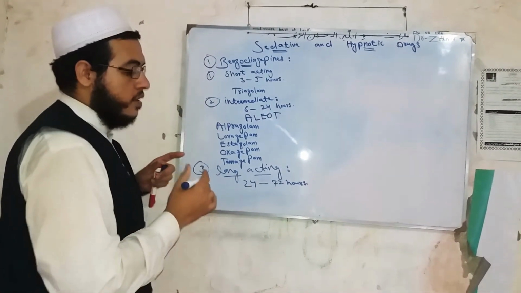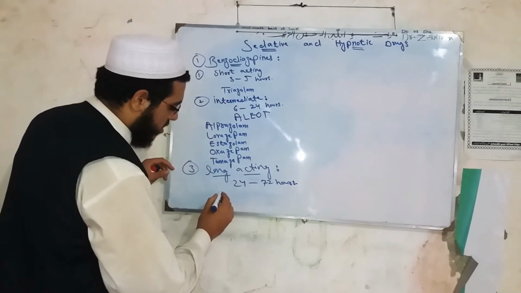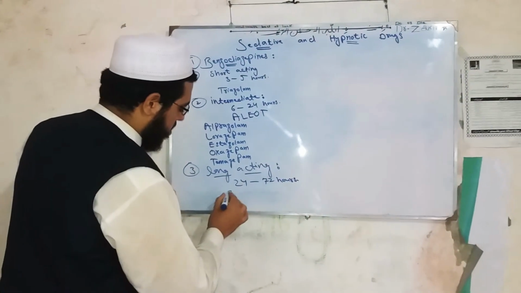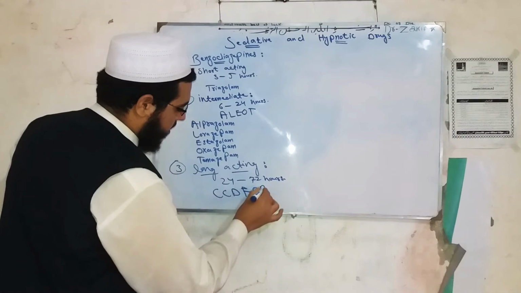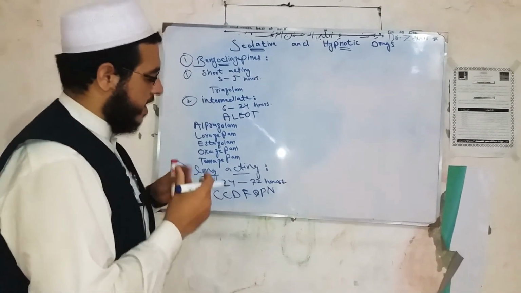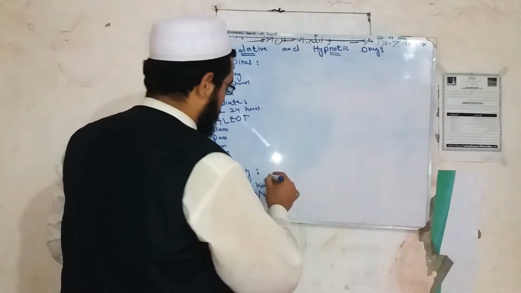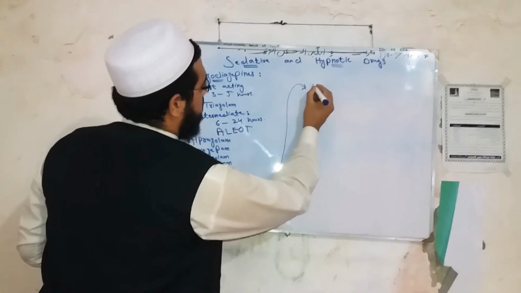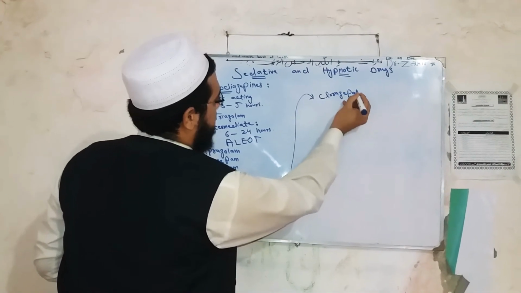And the formula for remembering them is Sidpakpin. It's my own formula. This is the easy way to remember the drugs of each class. From C, clorazepate.